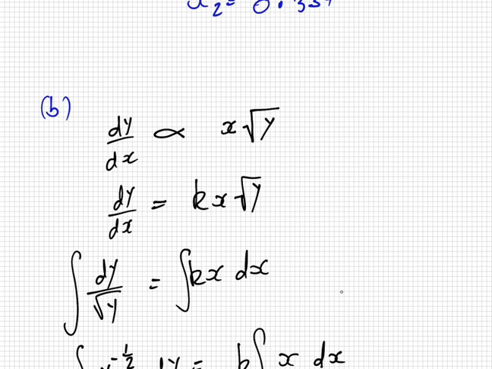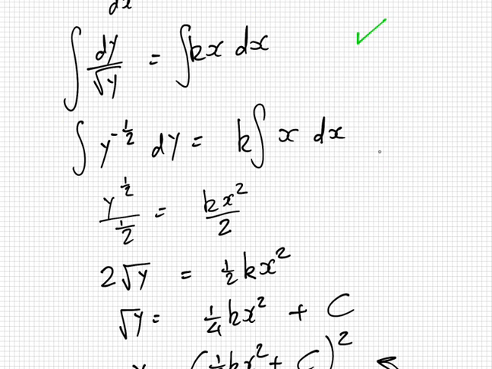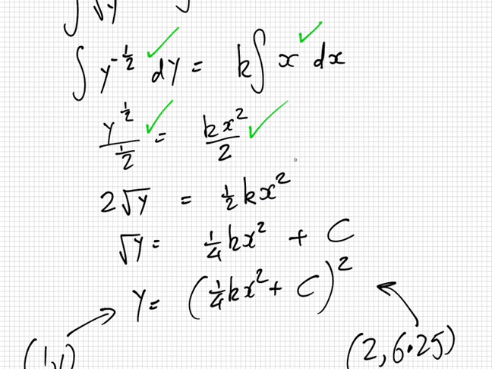Right, look up. Let's just make sure each line is right. So this is given. It's proportion. That's correct. That's correct. That's correct. That's correct. Increase the power by 1 divided by the new power.